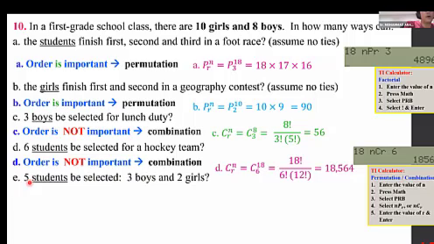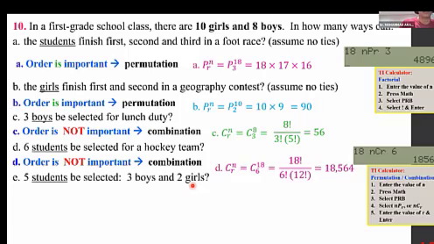Now we want 5 students to be selected. How do we want to select them? Specifically, we want to pick 3 boys and 2 girls. Therefore, for 3 boys, n is 8, you're picking 3. For girls, n is 10, you're picking 2. And it doesn't say anything about the order.